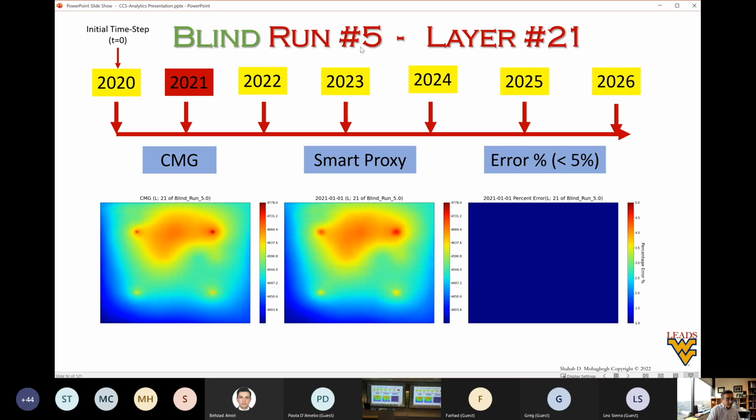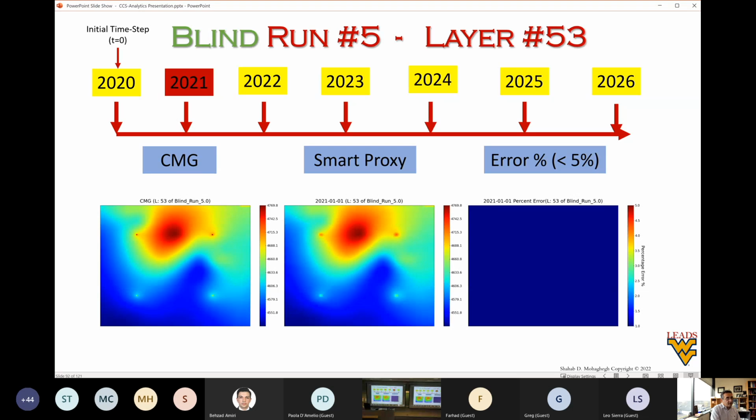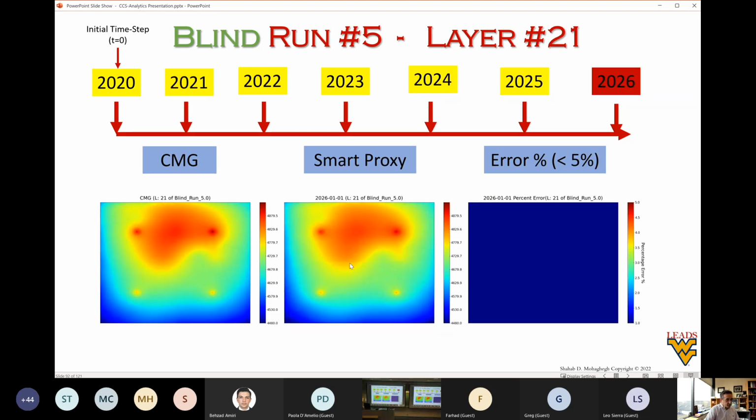Next, run 5, another layer, layer 21, for different times.